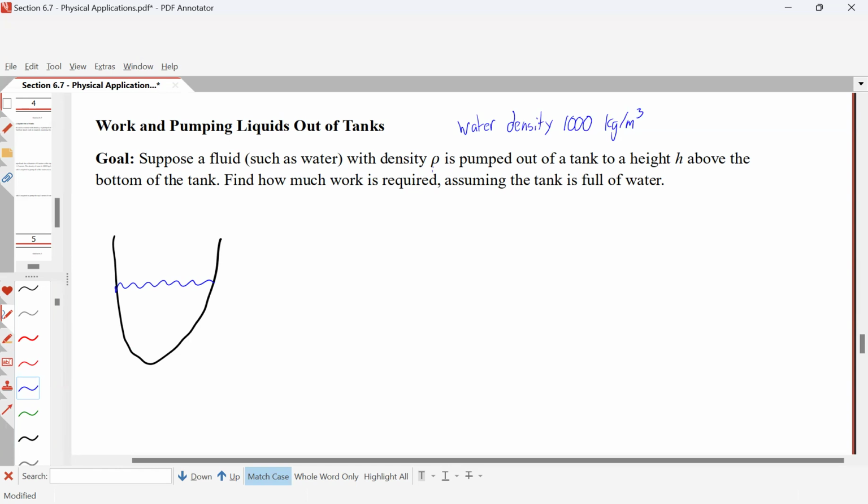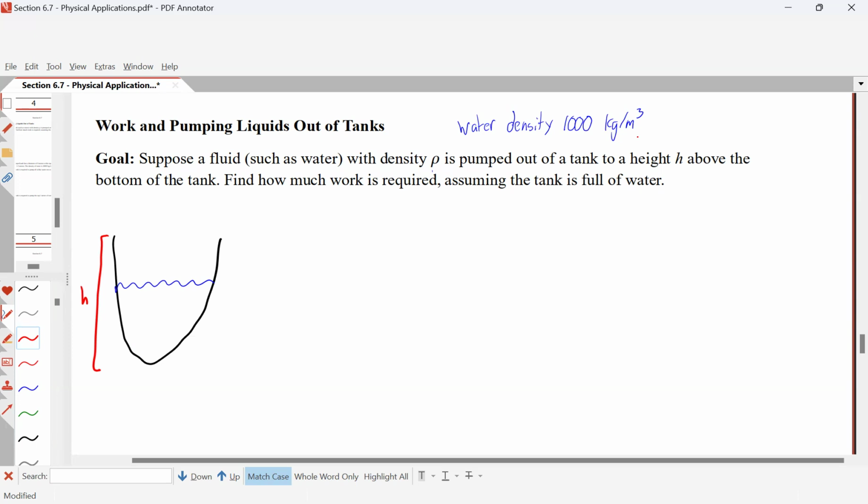And it's being pumped out of a tank that has a height of h. Could have an additional spout that is part of the height of the tank. This height is how far from the bottom of the tank to the spot that the water or liquid is being pumped out of.